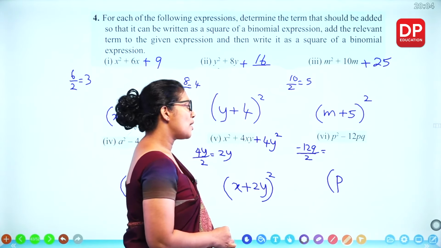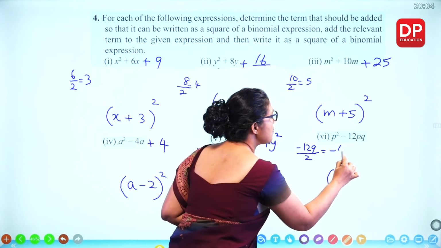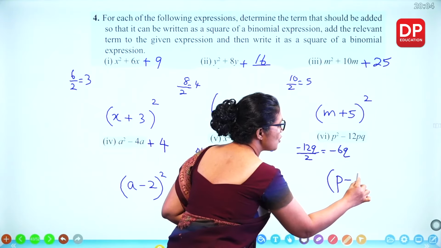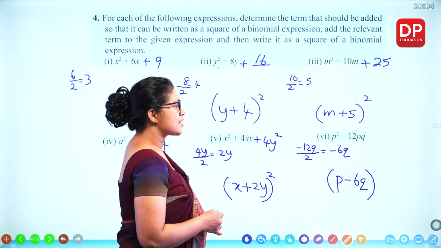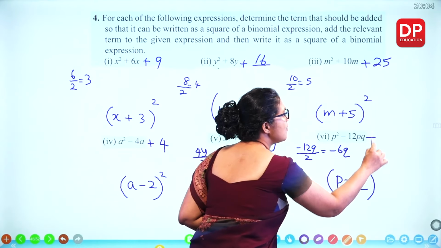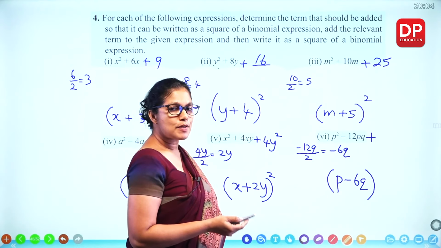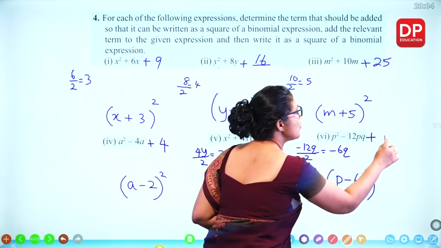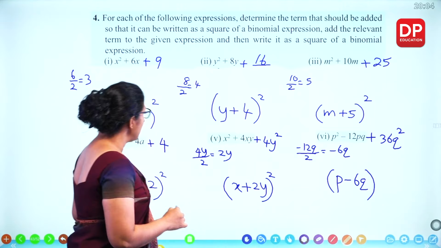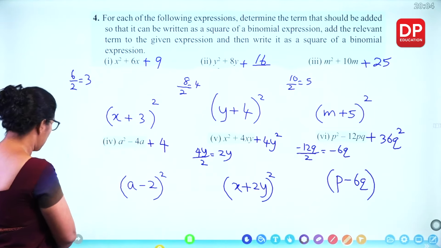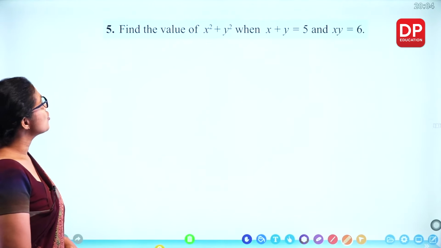So what is minus 12q divided by 2? You get minus 6q. So this answer should be minus 6q. When you square minus 6q, minus 6 times minus 6 is 36. You get 36q squared.